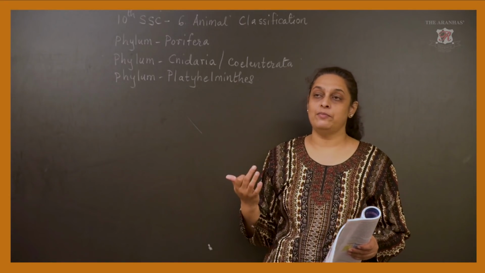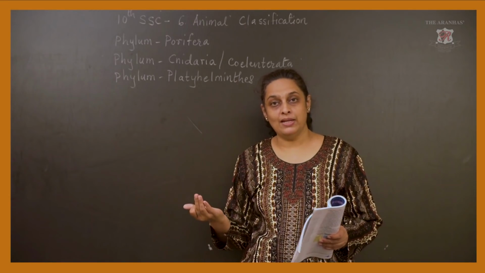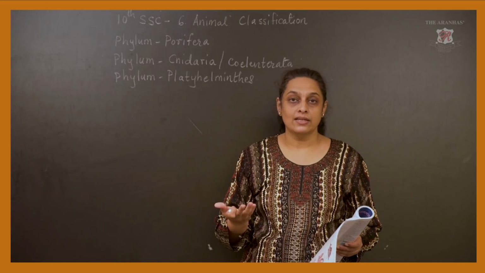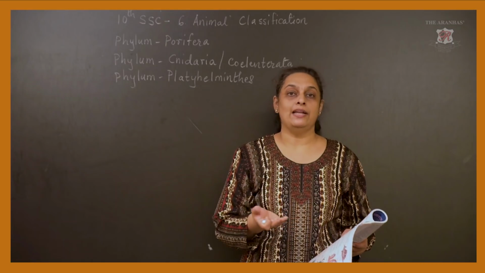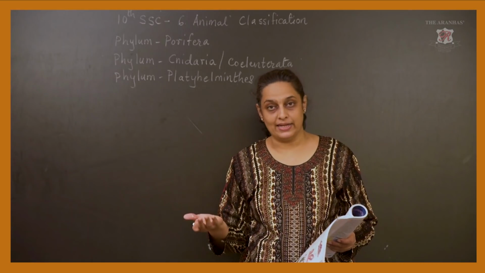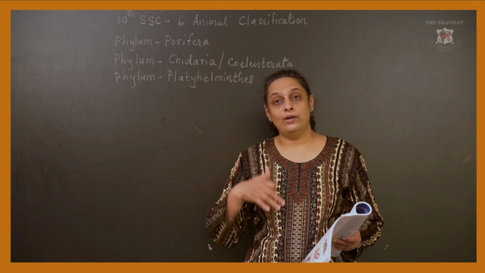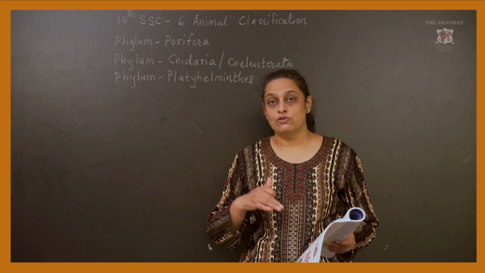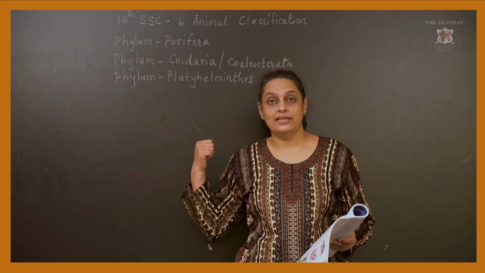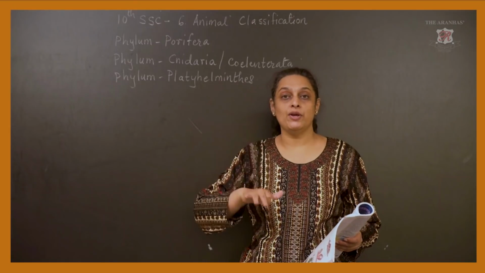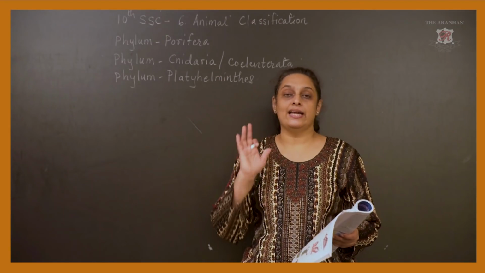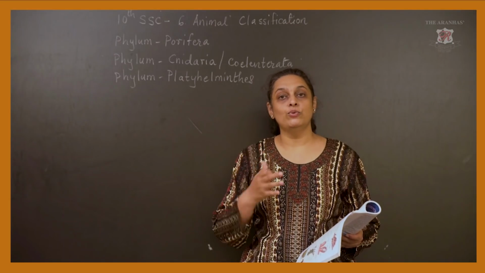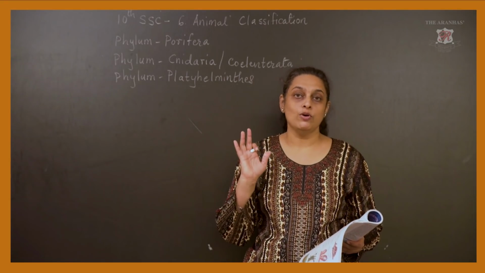Now, parasite means one animal lives or takes benefits from some other animal. Okay, that is a parasite. Now endo is inside. So these parasites are inside the body of another animal and they live there nicely and take the food and nutrition from the host.